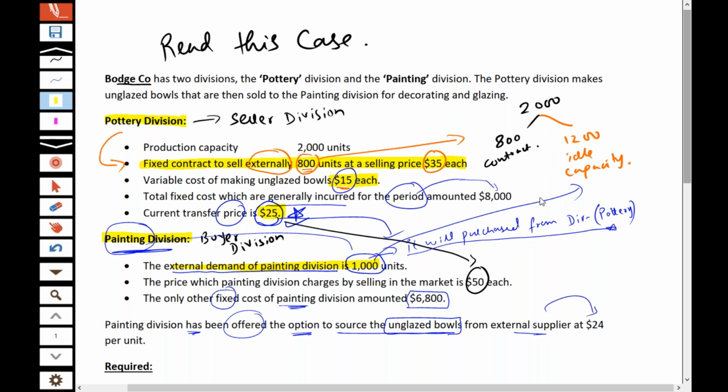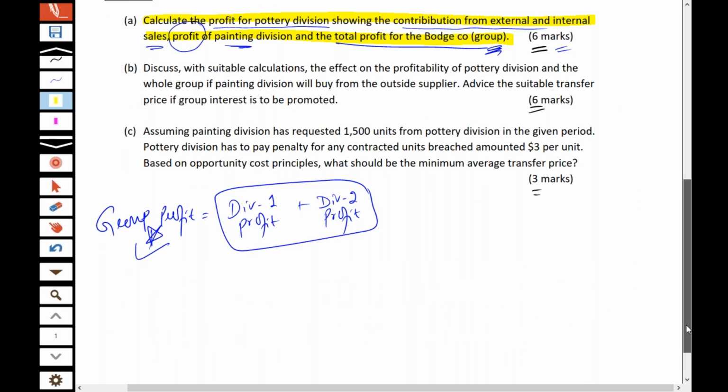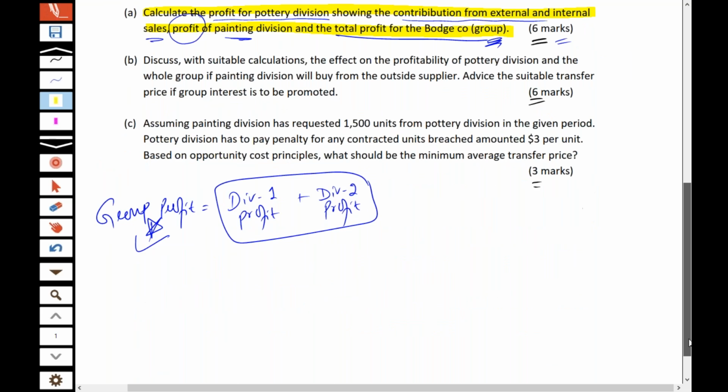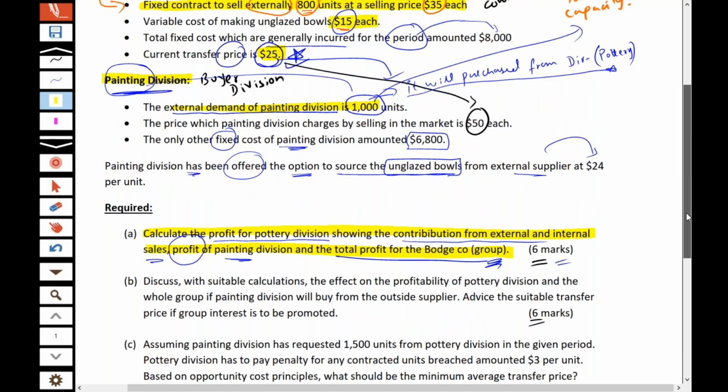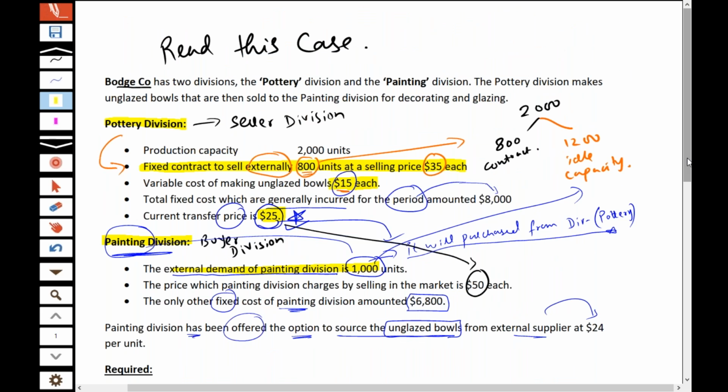So students, can you prepare the income statement? Can you calculate something? I will be solving this question here in this sheet, or you can say I will be explaining this question.